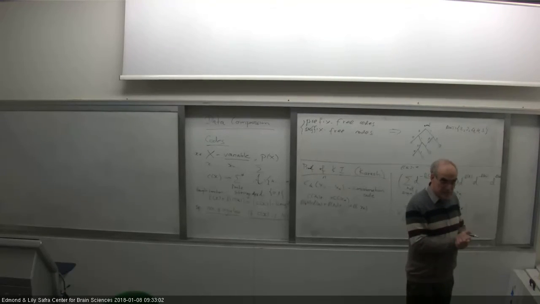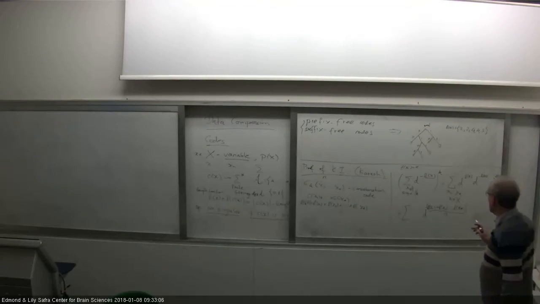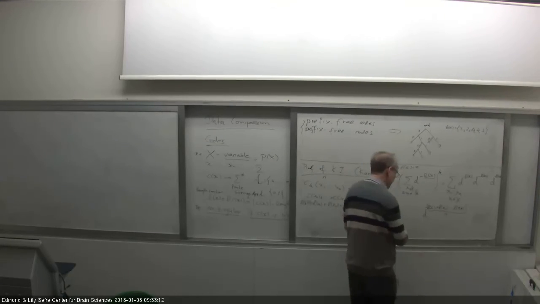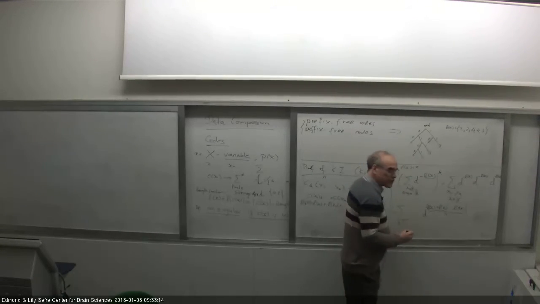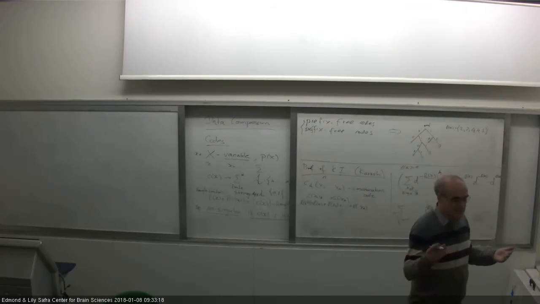Okay. Now this length can go... so now I want to break this sum according to this length. So the length can go from what? From k times L min.